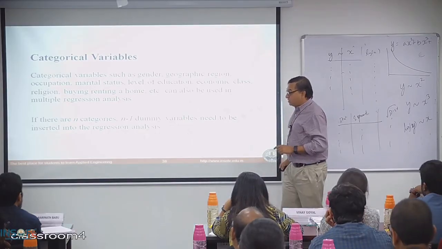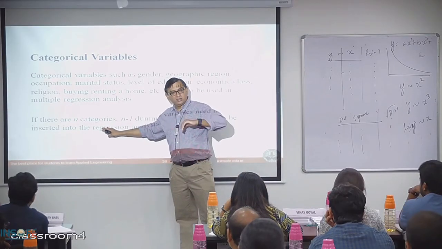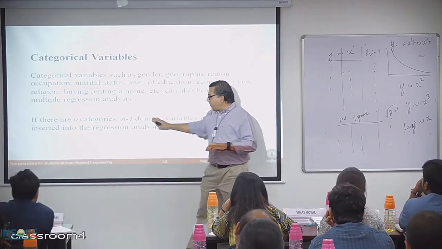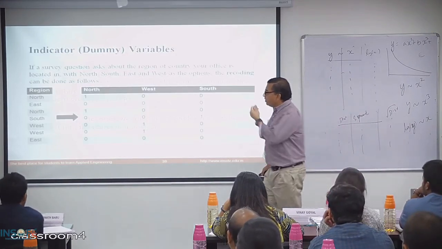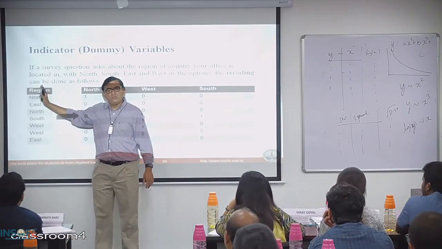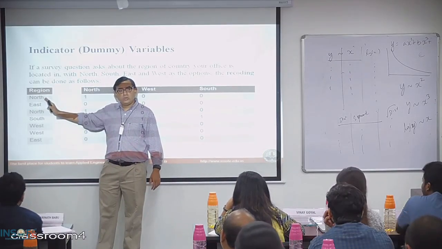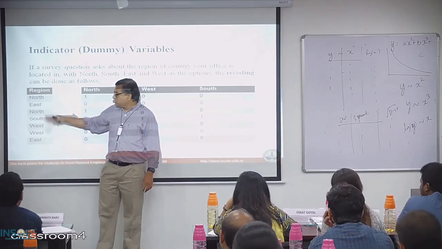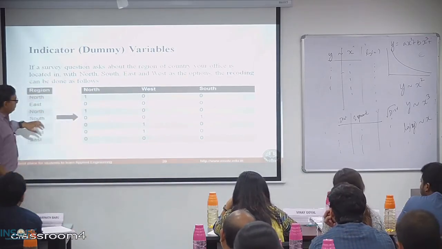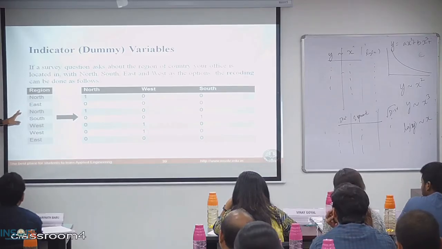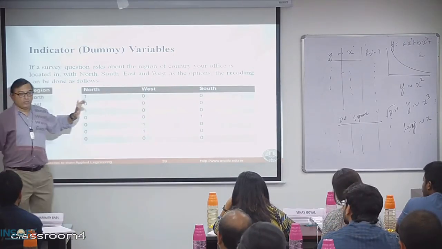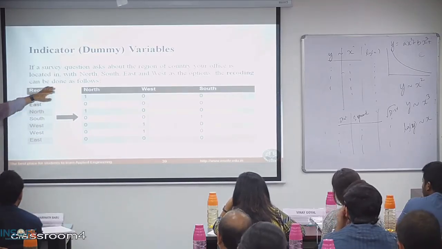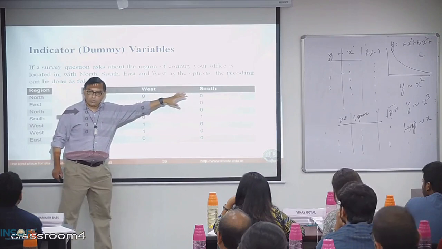The way it handles it is, if there are n different categories in a given variable, you create n minus 1 dummy variables. So, for example, if the categorical variable that is being dealt with talks about different regions of the country as north, east, west, and south, there are 4 possible categorical choices. We break that up into 3 separate categorical choices in the following way. It's broken up into 3 categories: north, west, and south.